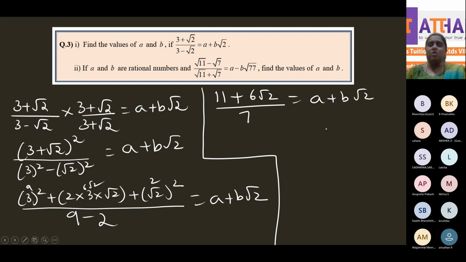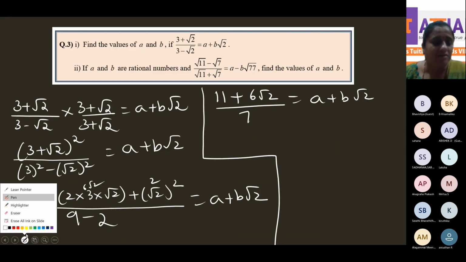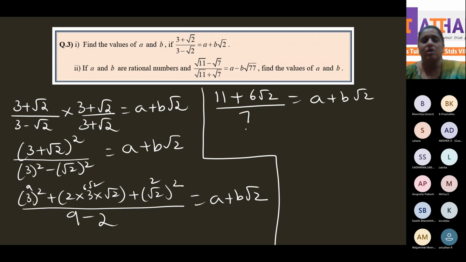Now, after this, you'll have to compare both the sides. The question is to find the values of a and b. So this is how you proceed. 11 by 7 plus 6 root 2 by 7 is equal to a plus b root 2.